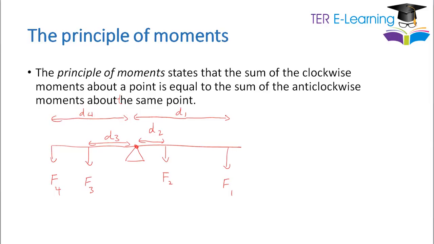Now we want to apply the principle of moments, or we want to explain what is meant by the principle of moments. So F1 is going to produce a clockwise movement. Visualize when I apply F1 to the bar, it's going to rotate in a clockwise direction. Similarly, F2 is going to produce a clockwise movement as well.